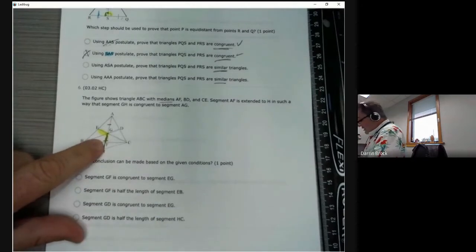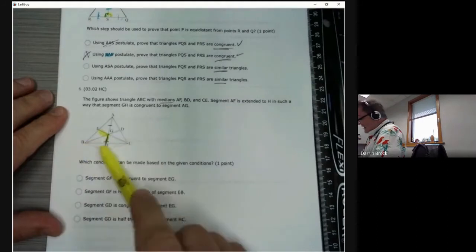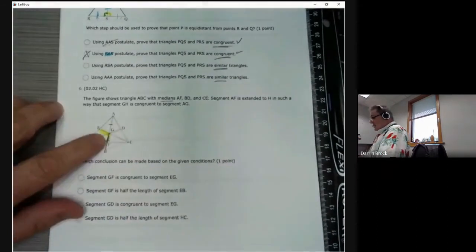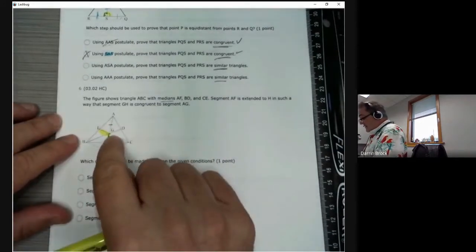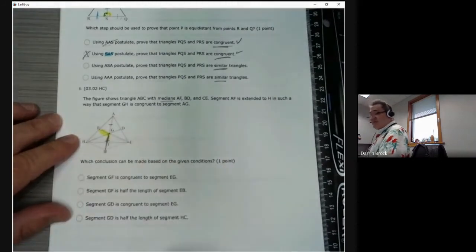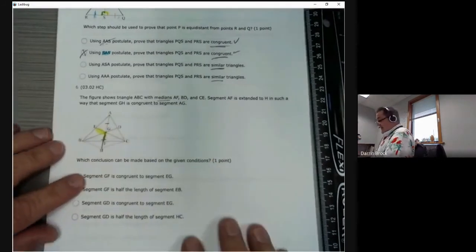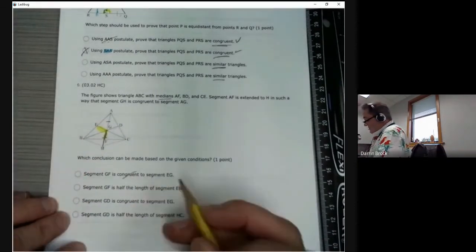That would only be true if this was an equilateral triangle. If every side of the triangle is exactly the same length, then the medians would intersect and be all the same length. But this is not a triangle that's the same length on every side. Nothing told us that. We can't make that assumption. So we can't make that conclusion.